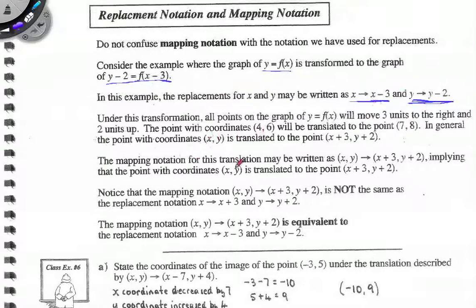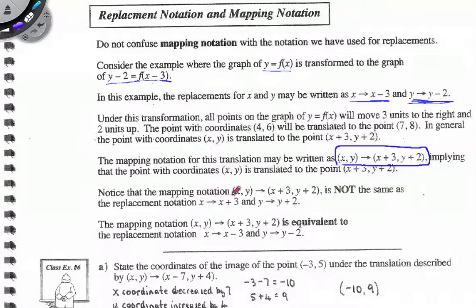The mapping notation for this translation may be written as the following. Okay, that's the mapping translation. (x, y), the original point, goes to the new point, with coordinates (x plus 3, y plus 2). So, this is replacement notation, and this is mapping notation.